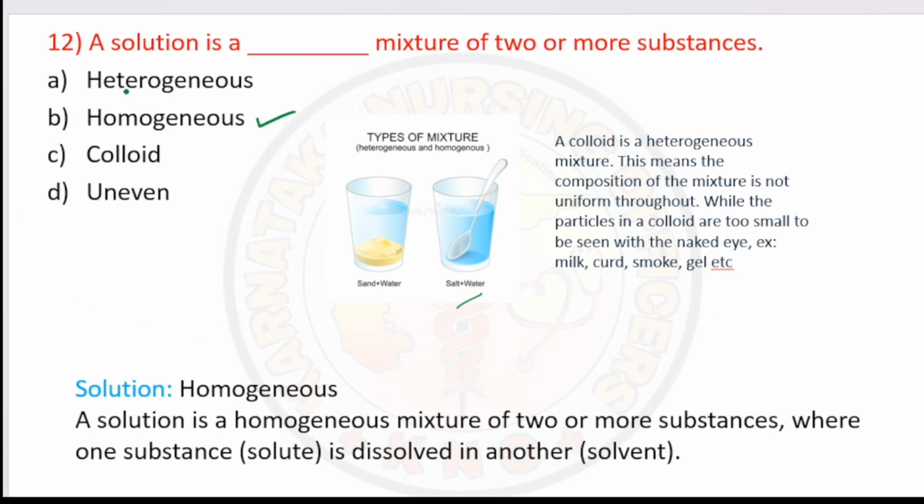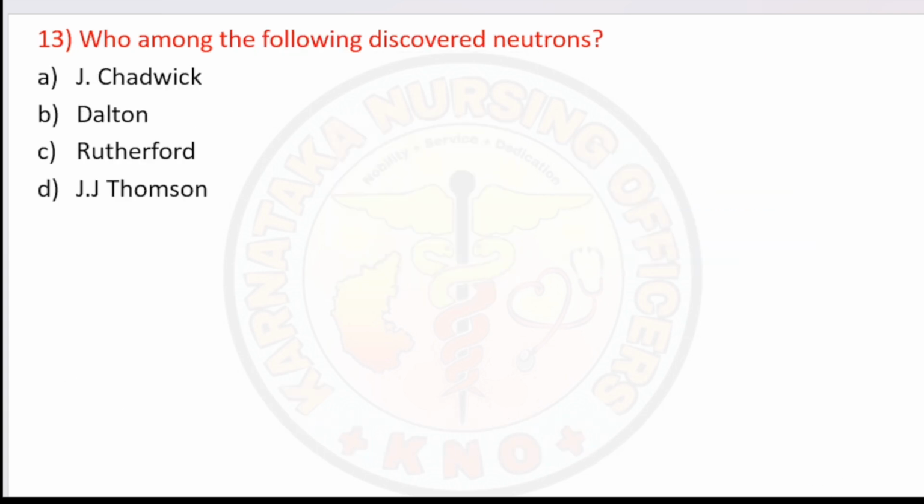Understood? So a solution is a homogeneous mixture of 2 or more substances. It is called a solution. So in a solution, solute is completely dissolved in the solvent. Understood?